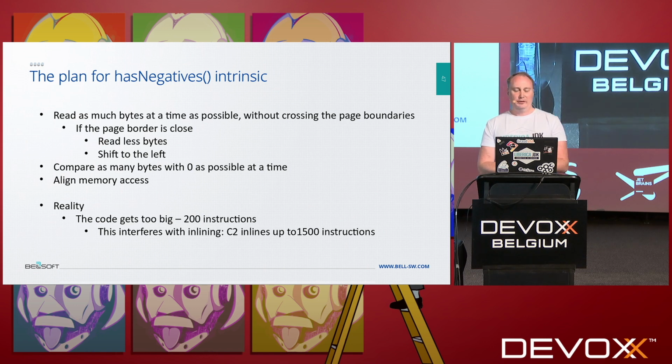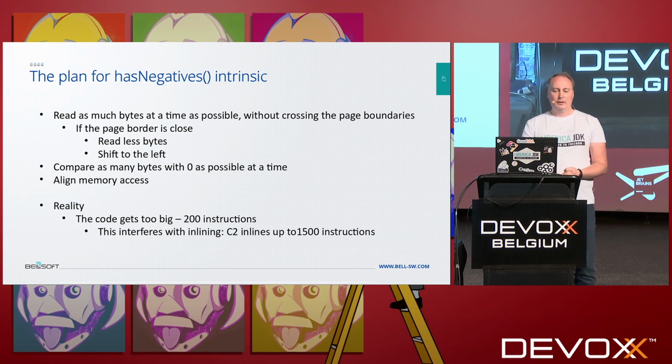And it turns out that implementing such logic will give us around 200 instructions, which is several cache lines on the processors we have now, which is not good, especially when we try to inline such code into other methods by C2. So it's better to have smaller code in most cases.